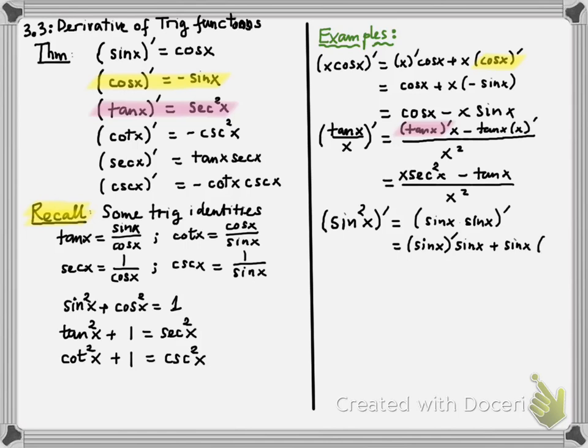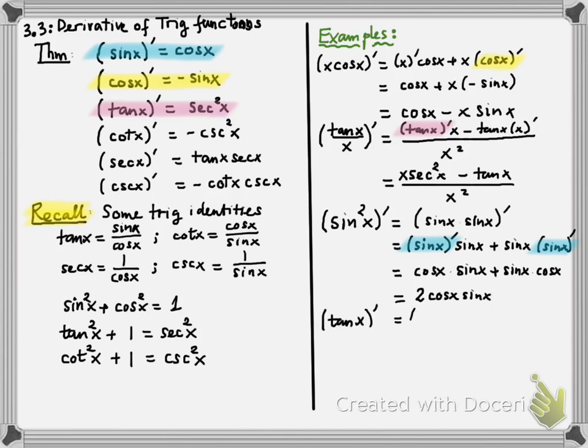So if we write product rule out, we have sine prime times sine plus sine times sine prime, as the product rule says, and we already know derivative of sine of x is cosine of x. Therefore, we'll have the final answer to be 2 cosine of x sine of x.